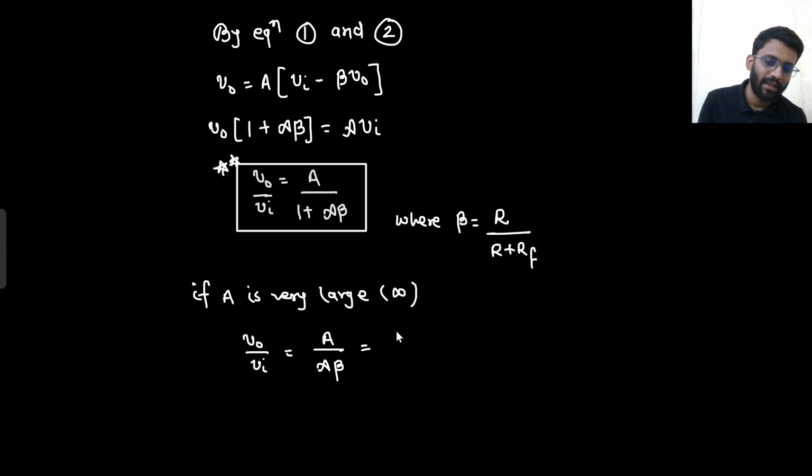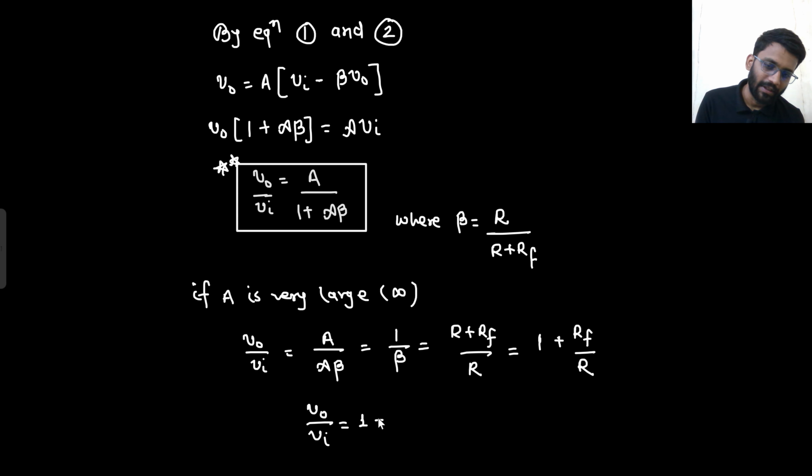So your answer will be nearly approximate to 1 by beta. What will be 1 by beta? The reciprocal of this, R plus RF upon R, which equals 1 plus RF by R. So your V naught by V in is becoming 1 plus RF by R.